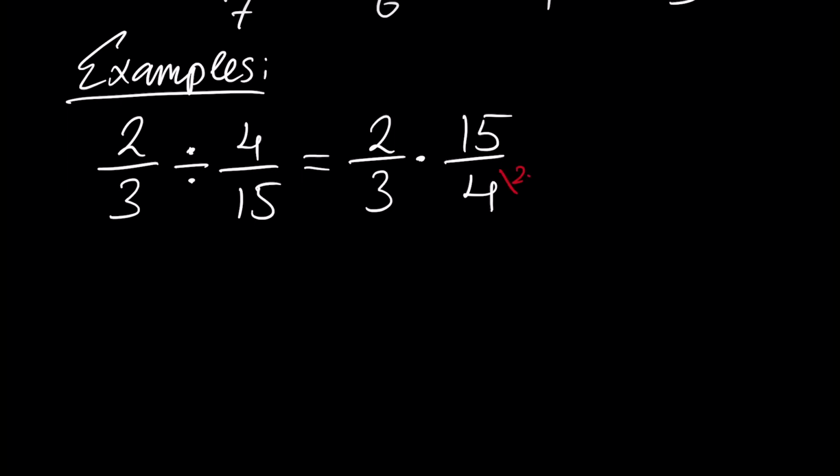4 is 2 times 2, and 15 is 3 times 5. We cancel 3 and 3, and 2 with 2.